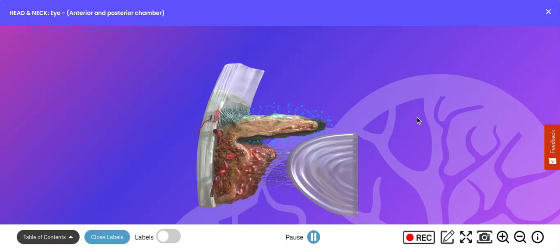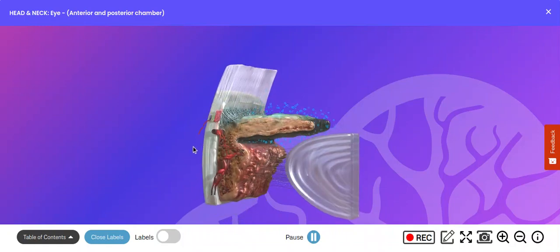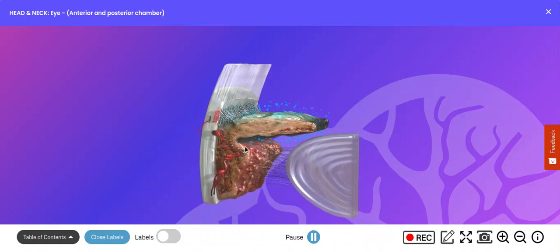Just to give you an overview of the structure, this is the lens, this is the zonular fibers, this is the ciliary body, here is the iris, and here is the trabecular meshwork. This is the cornea, and here is the sclera.